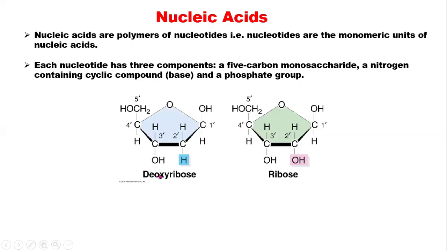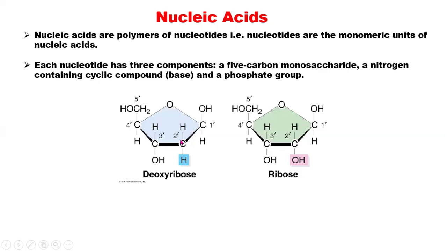So what is the difference between ribose and deoxyribose? We said deoxyribose is found in DNA and ribose is found in RNA. If you look at the deoxyribose here, pay attention to carbon 2. Because it's a 5-carbon sugar, we have carbon 1, carbon 2, carbon 3, carbon 4, and carbon 5.